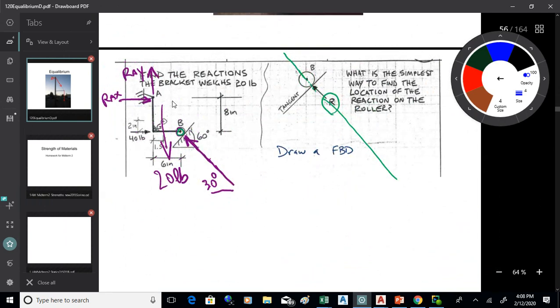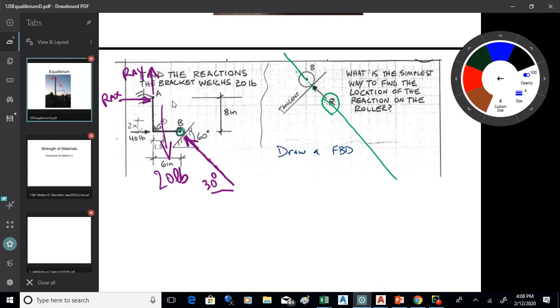So let's have a look at this one and then see what we can do to expand on this a bit. All right, so we're on page 420, okay?